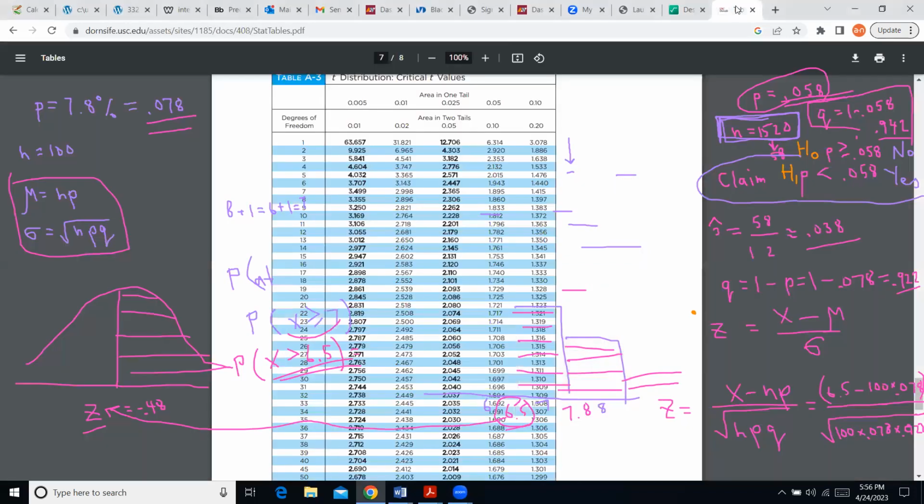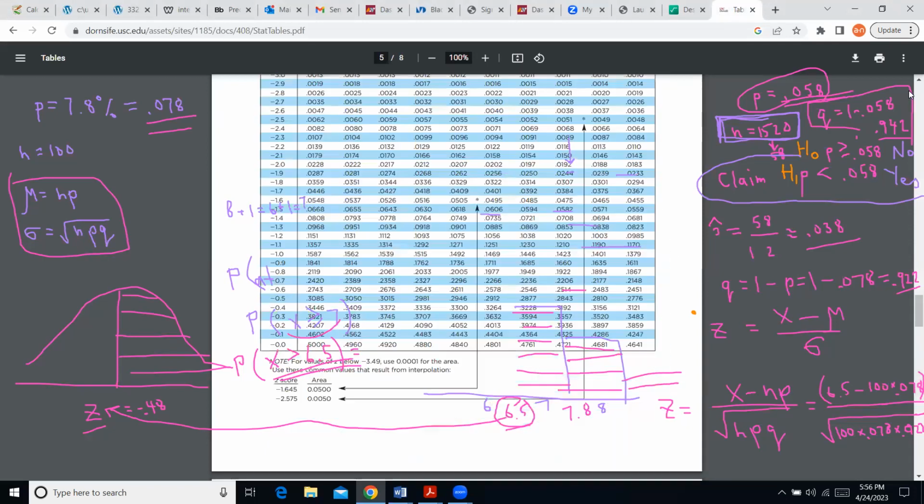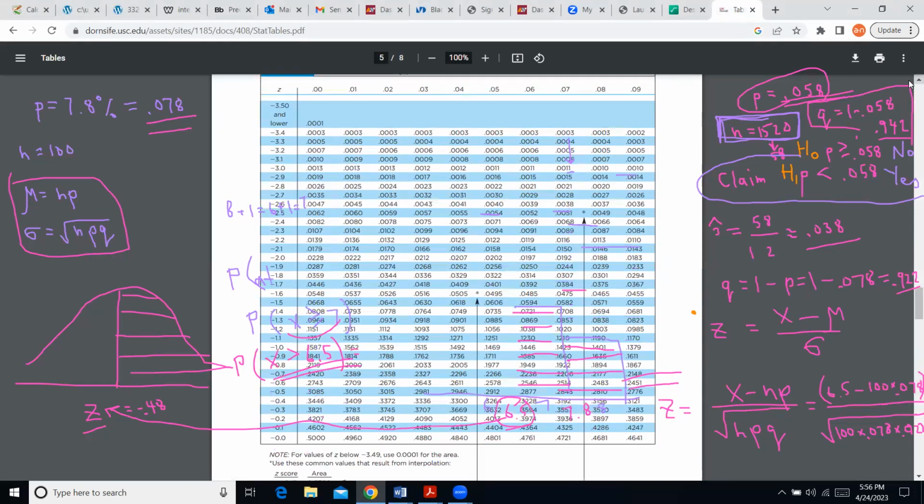Let me go to the table of hundredths and get 0.48 in this table. So I need to go to negative 0.4. So the row was negative 0.4 and the column 0.08, right?